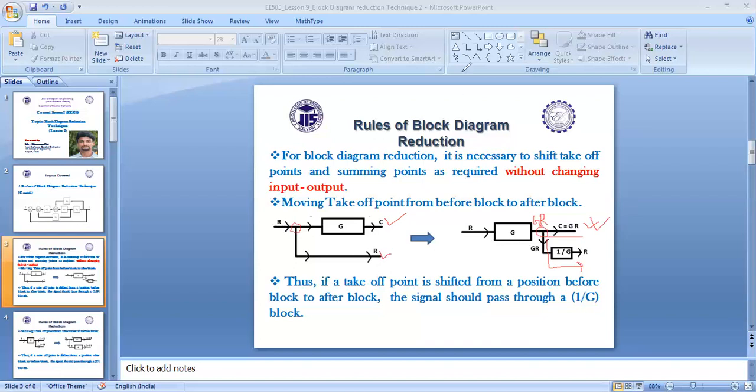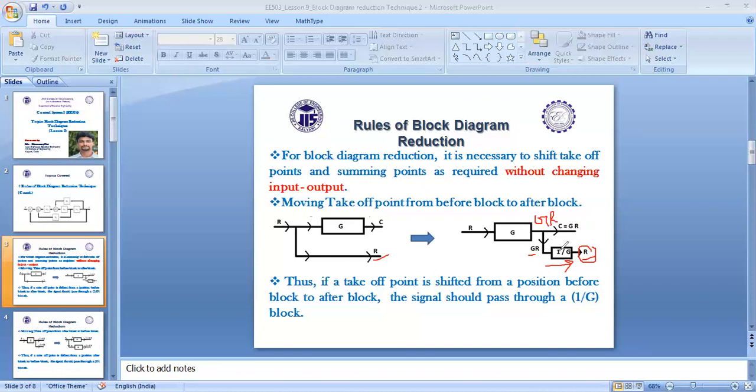But as the takeoff point is shifted here, this signal is GR, but the output should be R. So GR should be passing through a 1 by G block, so that this GR multiplied by 1 by G will produce R. So in order to produce the R output, there should be an introduction of a 1 by G block.